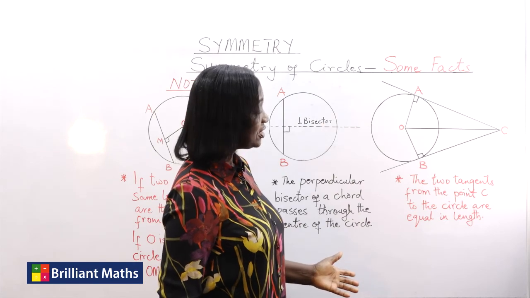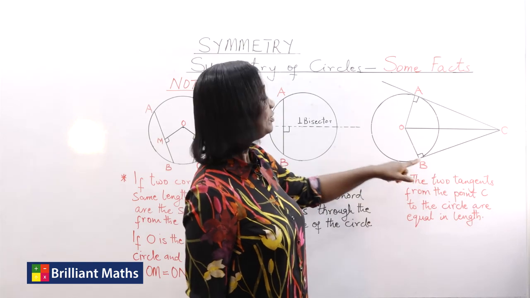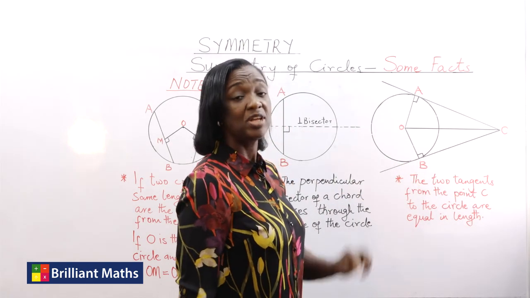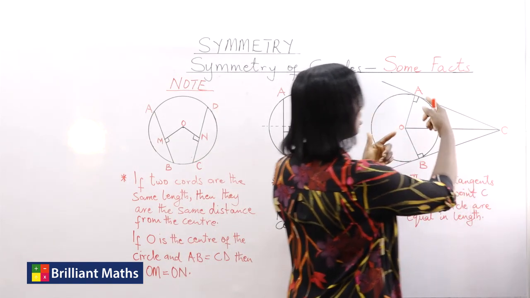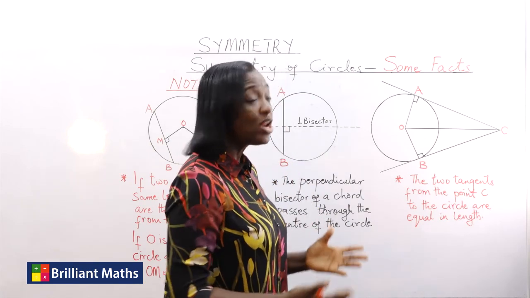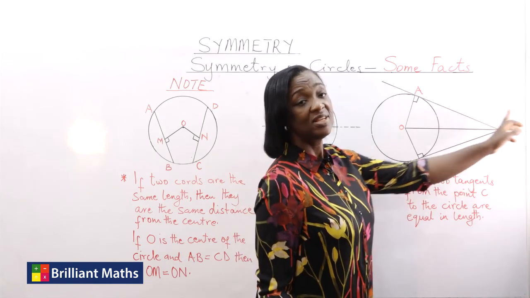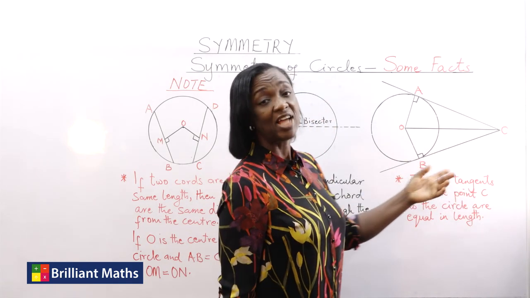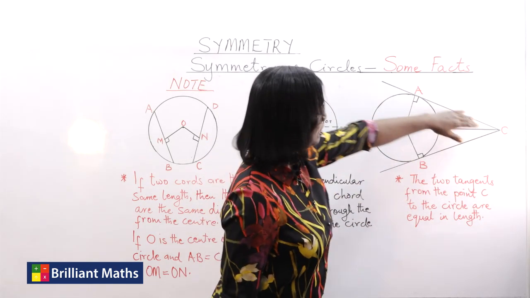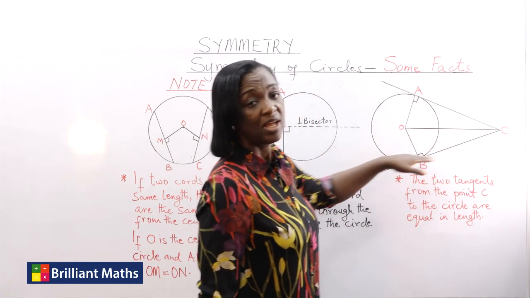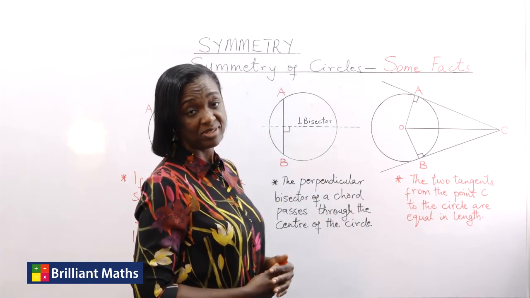That is obvious because OB is a radius and OA is a radius, so they are equal. And then OC is common to both triangles, so it implies that AC is equal to BC. So the two tangents from the point C to the circle are equal in length. You'll find this very useful when we start doing circle theorems.